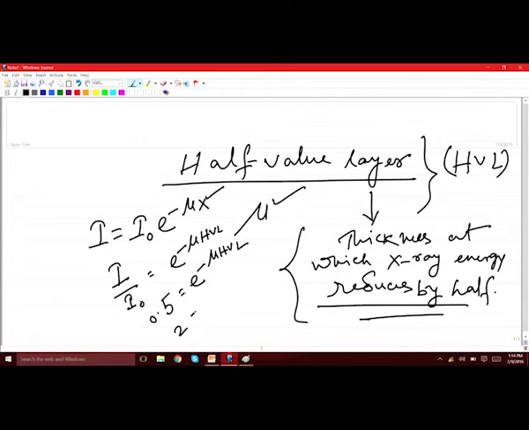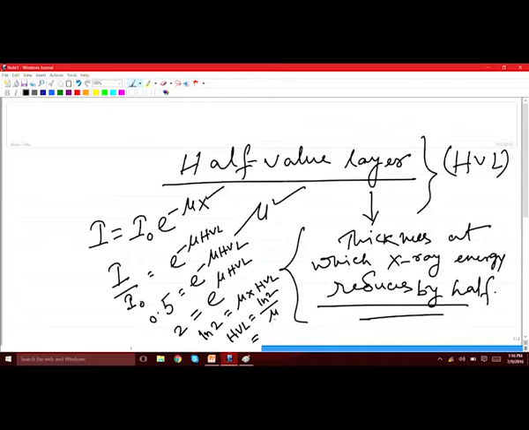Or you can write it in this form also. Okay, which will give you HVL equals ln 2 by mu, and this gives you HVL equals 0.693, which is the value of ln 2, divided by mu.